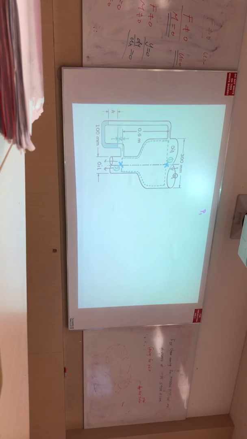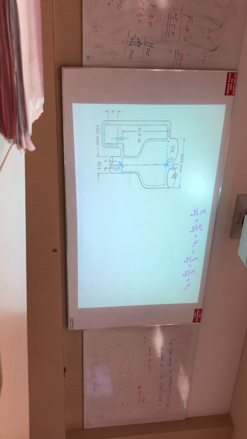P1 by rho G, right? And V1 square by 2G plus Z1 is equivalent to P2 by rho G plus V2 square by 2G plus Z2.